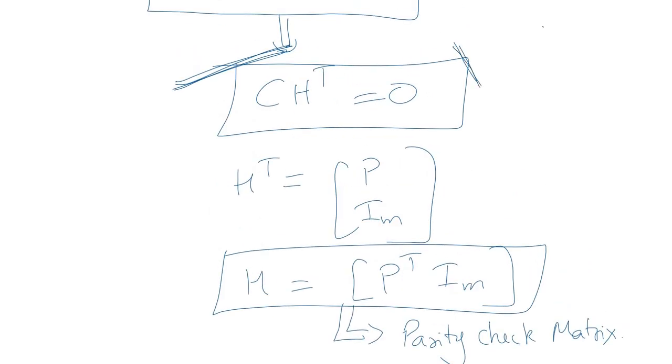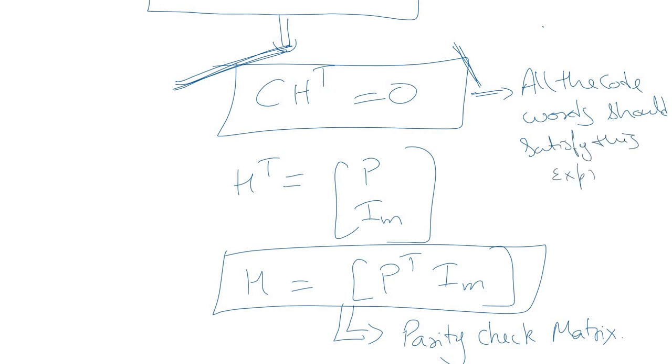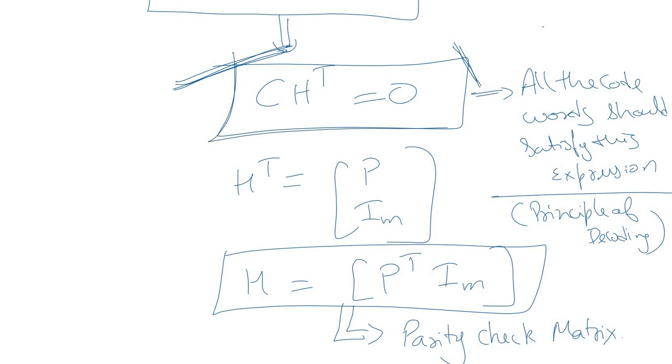All the code words which are transmitted should satisfy this expression. And hence we can say this is the principle of the decoding process that we'll be using, right? Now let us look at the actual decoding process.